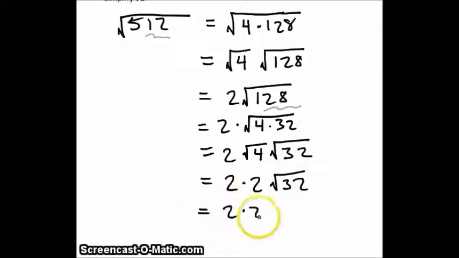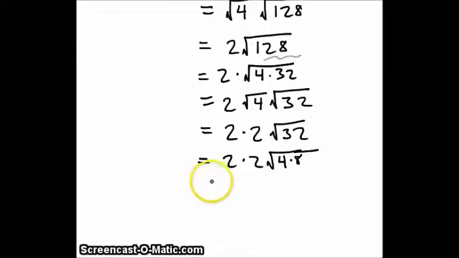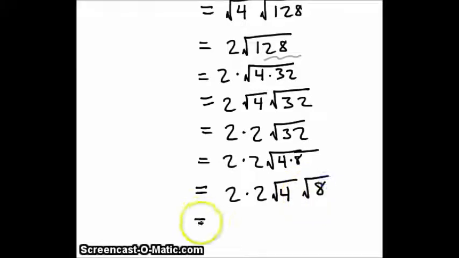And then I have 2 times 2 times square root of, I know this is divisible by 4 again. And I know I could pull out an 8 here, but rather a 16. I could pull out a 16 instead. But I just want to illustrate a point here. 4 times square root of 8.